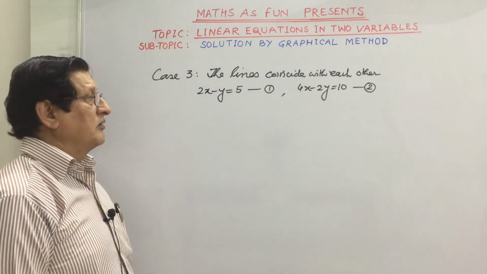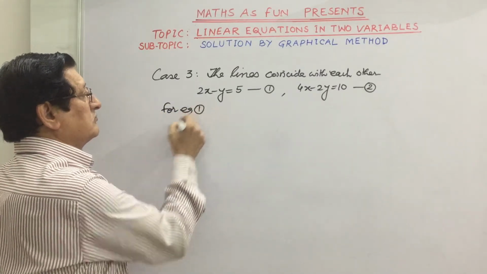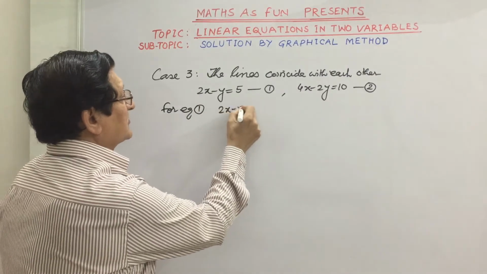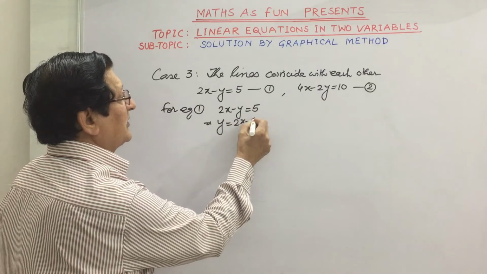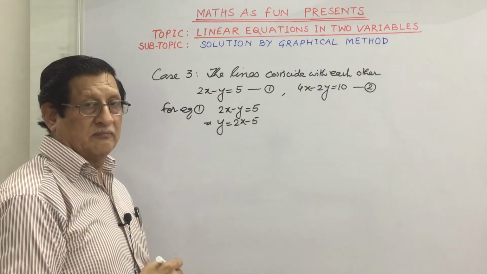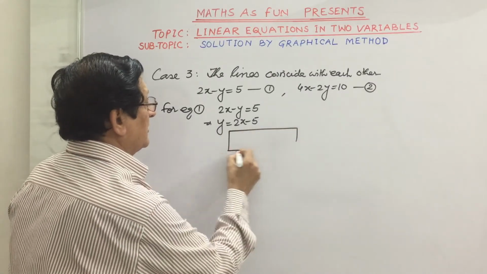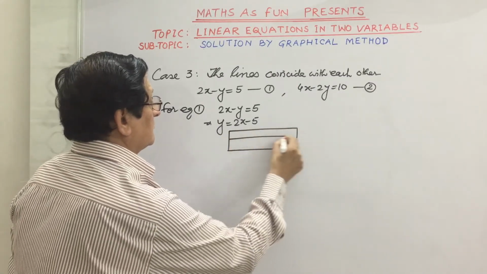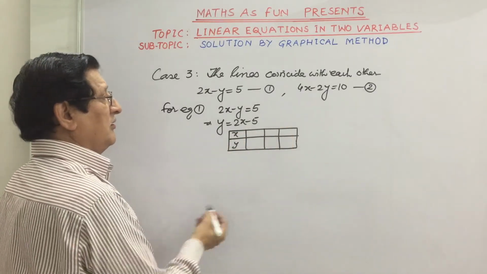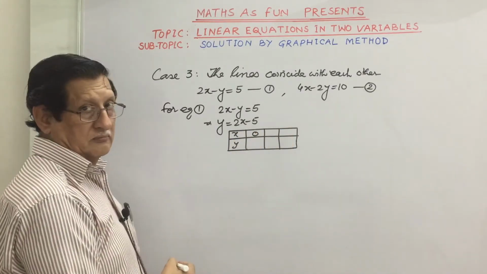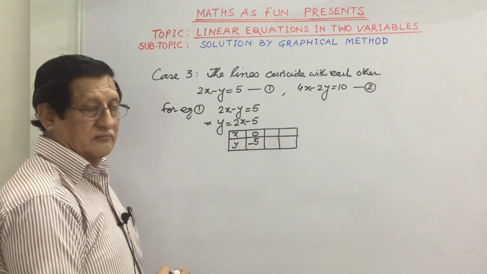To draw the graph, again we go for equation number 1 to find out the points. That is 2x minus y equal to 5, which gives us y is equal to 2x minus 5. If we make a table for this, let's take x as 0. 0 minus 5, this is minus 5.